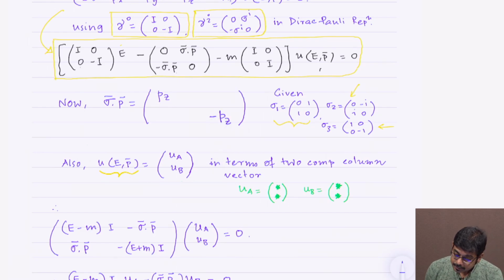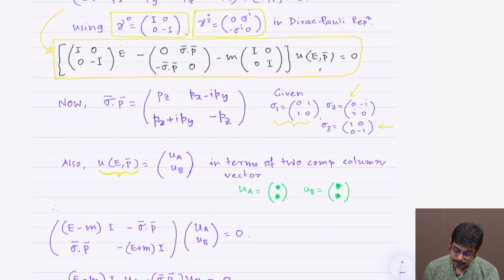What will be in the first off-diagonal component? This will be px minus i py, because you have sigma 1 having 1 here and sigma 2 having minus i here, and in the other entry we will have px plus i py. Once again you have 1 from sigma 1 and i from sigma 2, right?